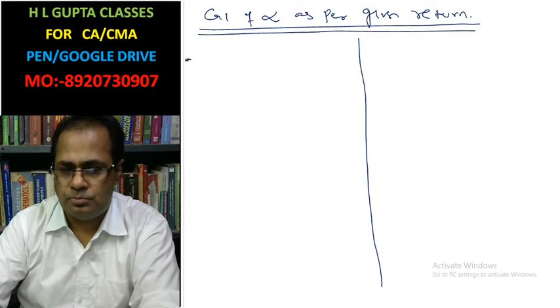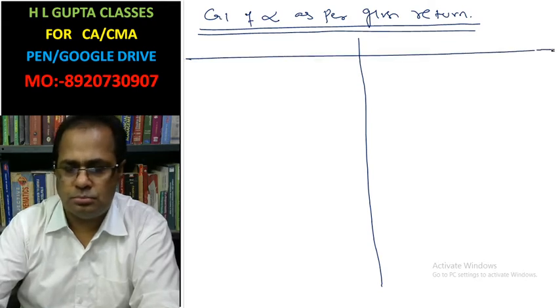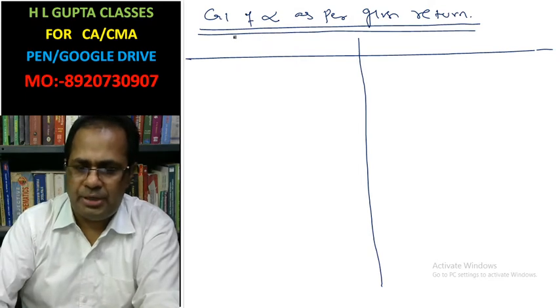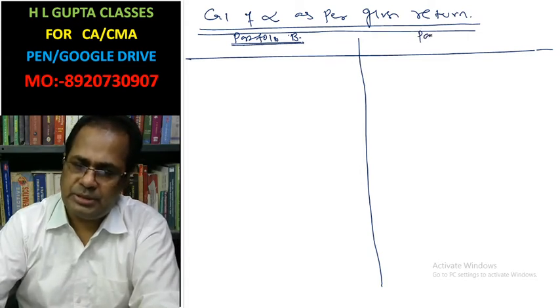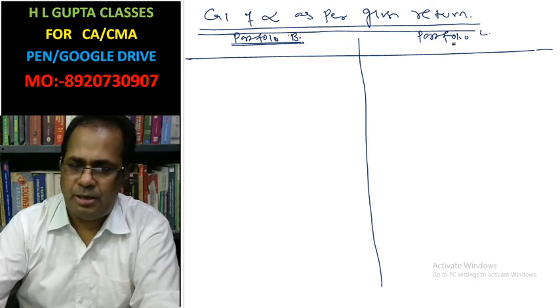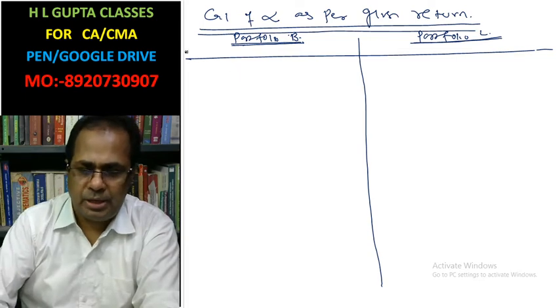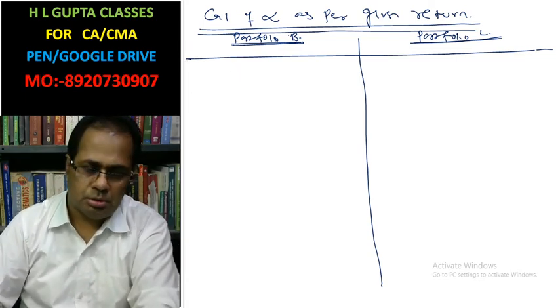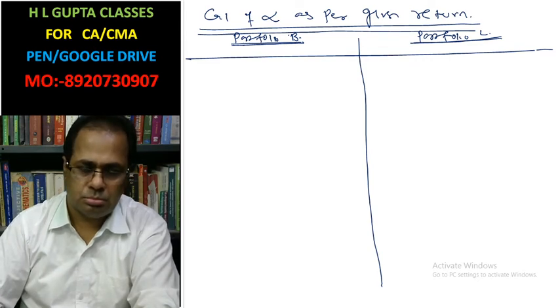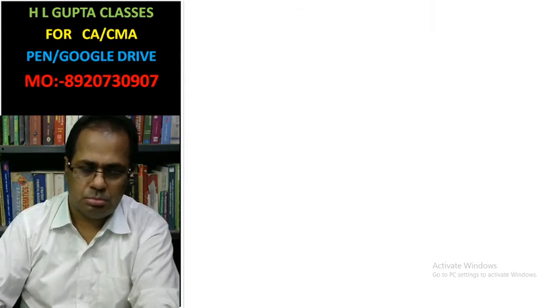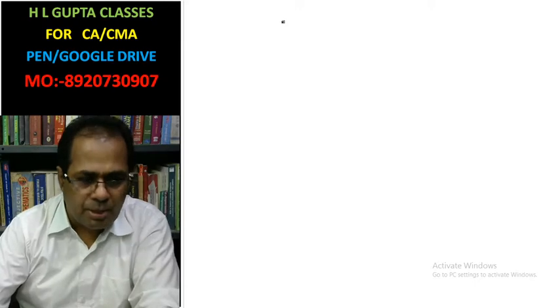Here portfolio B, and this is portfolio L. Calculation of alpha as per actual return.